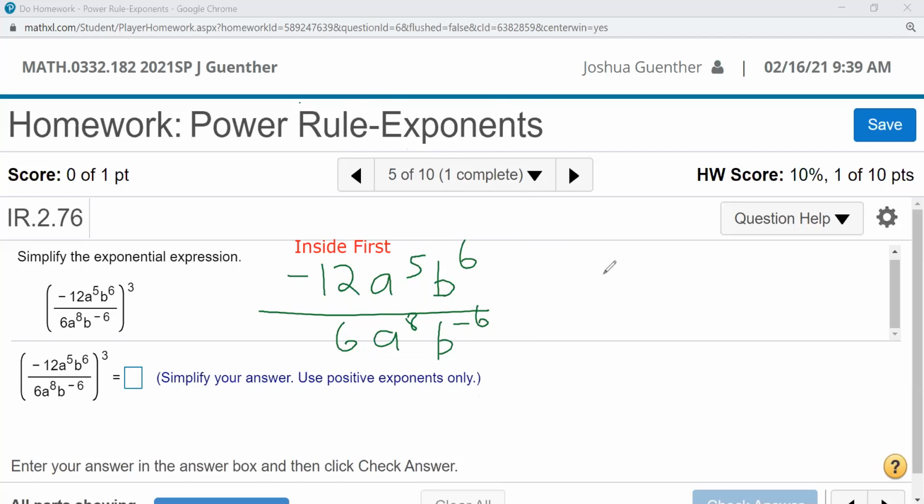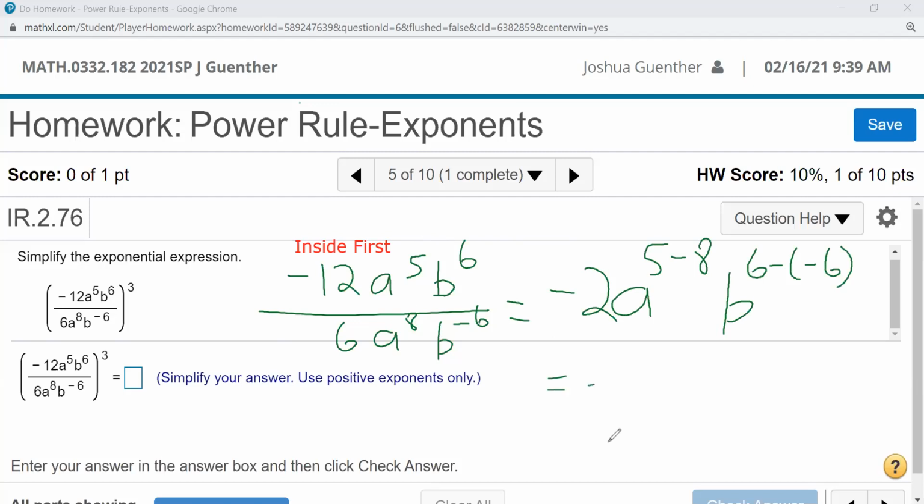So first up, negative 12 divided by 6 is going to be negative 2. A to the 5th divided by a to the 8th, remember the quotient rule. You have a to the 5 minus 8th power. B to the 6th minus negative 6.